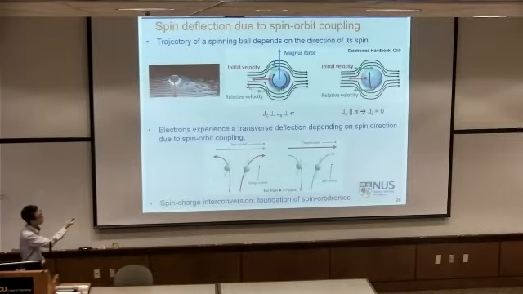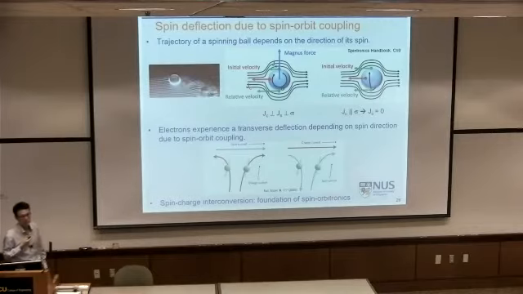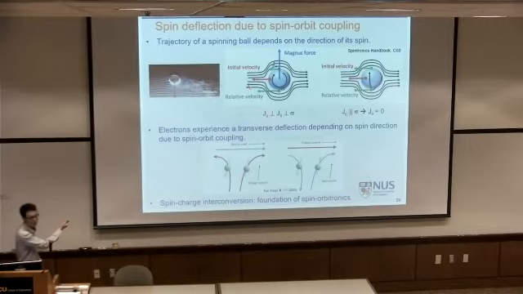If you rotate in the opposite direction, this ball will move to the other direction. So basically this deflection can be considered as spin current, and the initial ball motion is charge current, and the rotation axis can be considered as spin polarization direction.